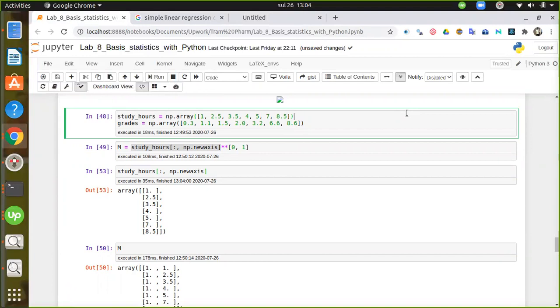So numpy new axis is, oh, so this is an array. You just flip it into a column. Oh, okay, I got it. So what does the 0 and 1 mean? Oh, 0 and 1 is just the index, right? It is another matrix. When you make the product, you have the first column having only ones because it is multiplied by 0.